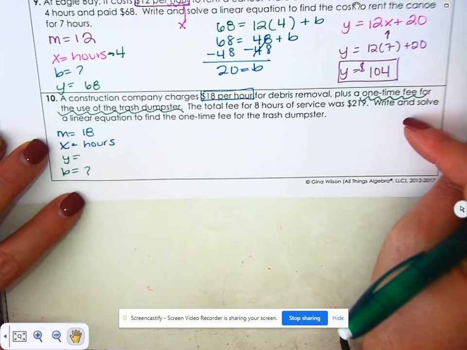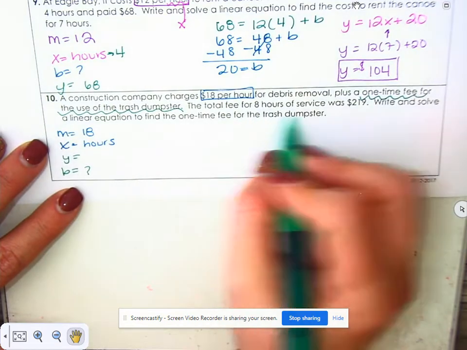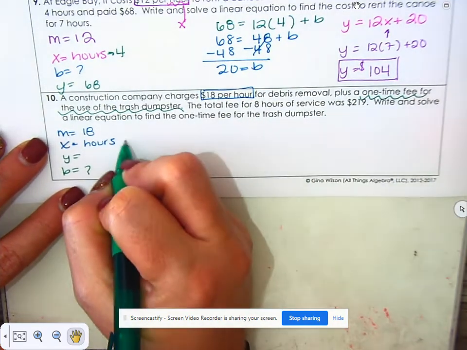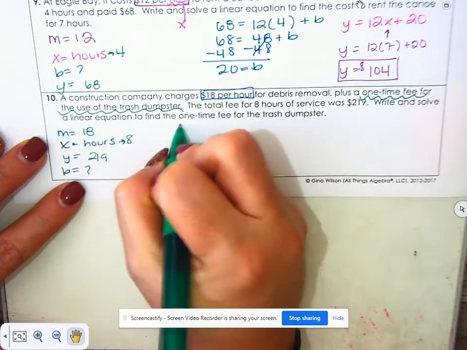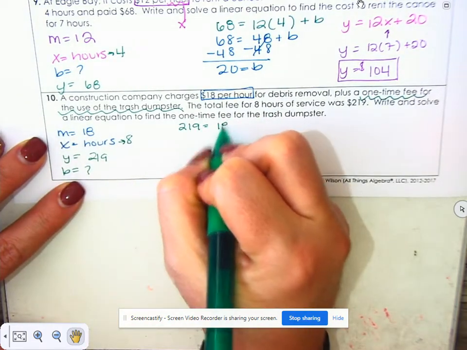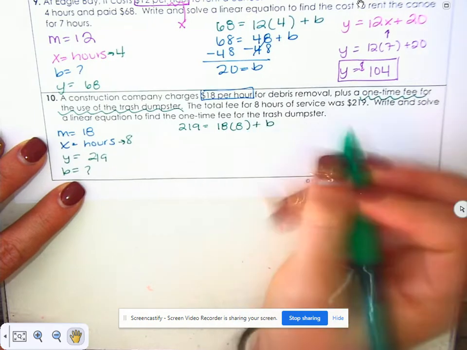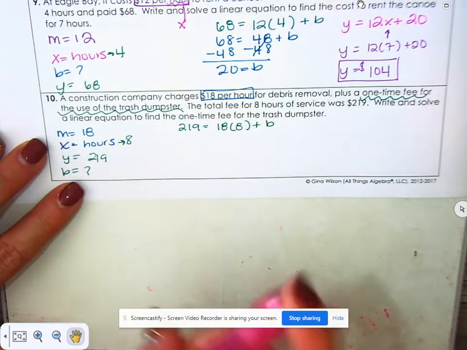That one-time fee. All right, then after we read that, the total fee for 8 hours was 219. So 8's going to go in for X, and then the 219 is going to go in for Y. So 219 equals 18 times 8 plus our B. Okay, work that out.